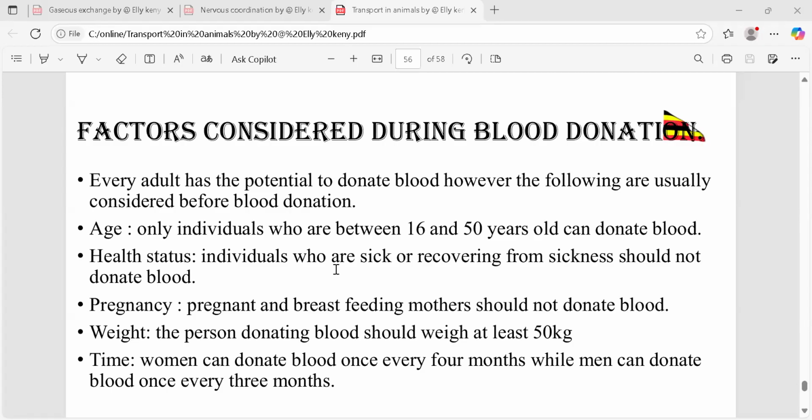So why do you think women must donate after 4 months and men after 3 months? What about A plus? What has A plus done? Men have more blood. Okay. Such says men have more blood, that's why they should donate after 3 months, and women have less blood.